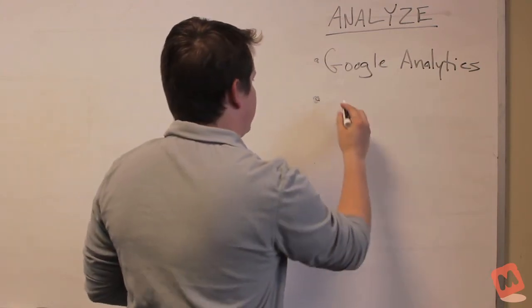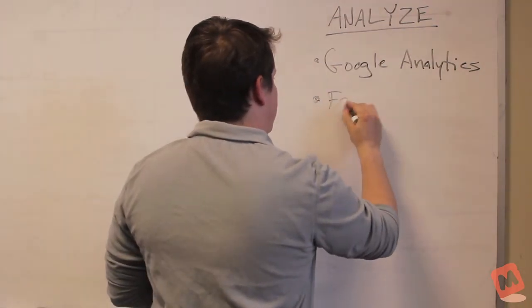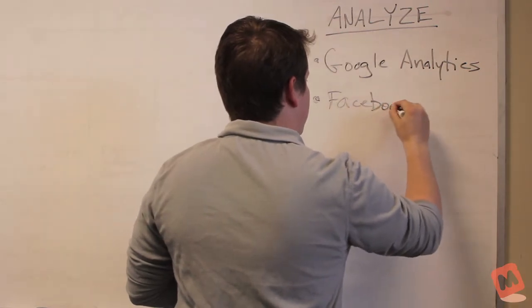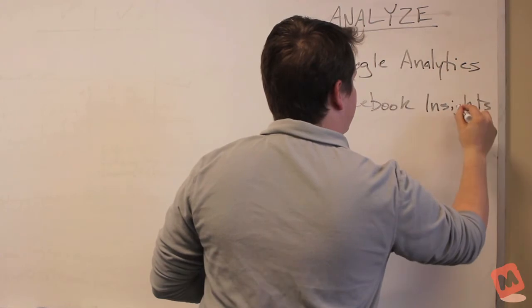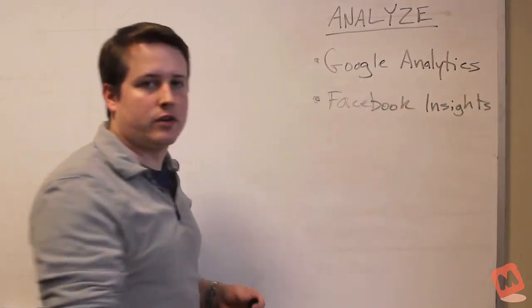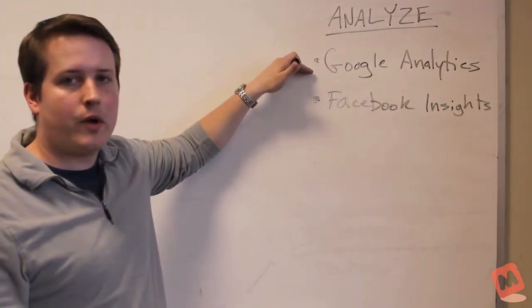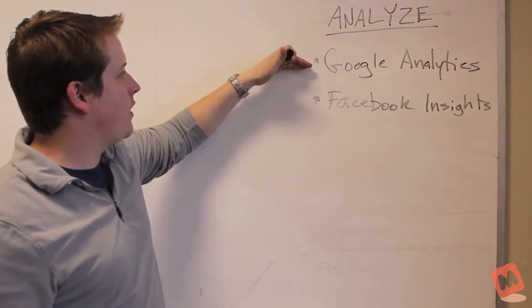You could also use your Facebook Insights on your fan page. Now, obviously these sorts of things are going to be a little manual. You're going to have to track your traffic to your website to see where they're coming from.